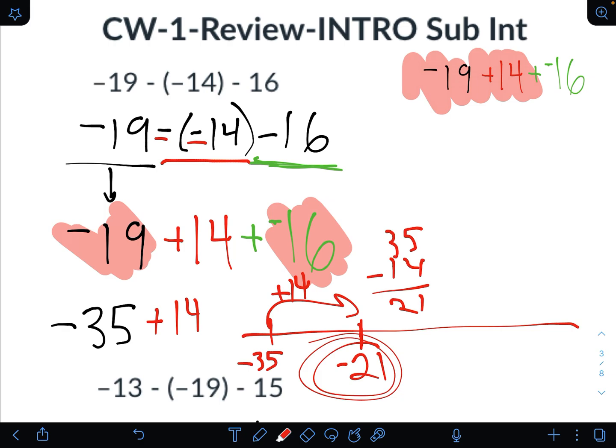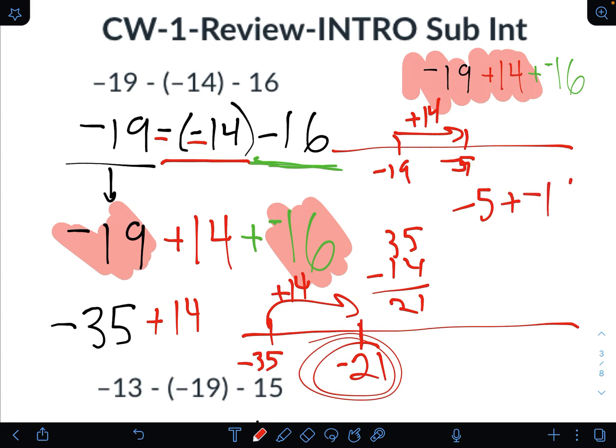Well, if I have negative 19 and I move to the right 14, that just leaves me at negative 5. So negative 5 plus negative 16, they're both negative, so I just add them together. That's negative 21. Same answer, different way.